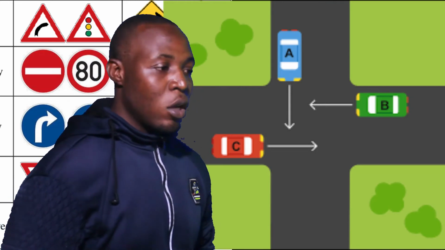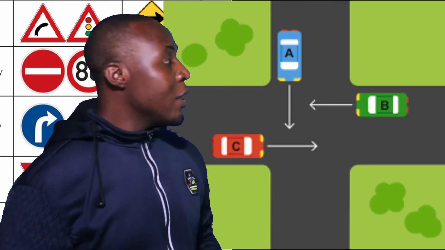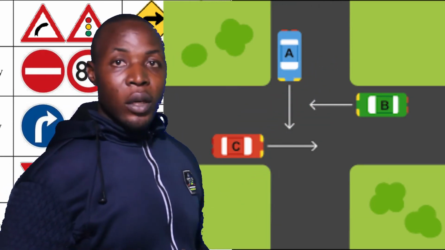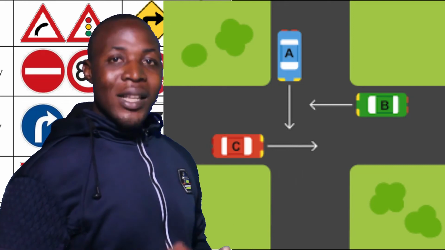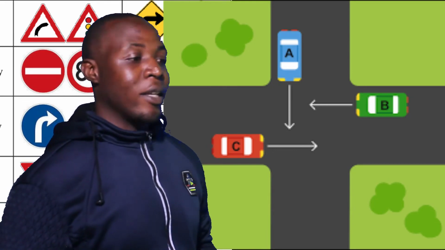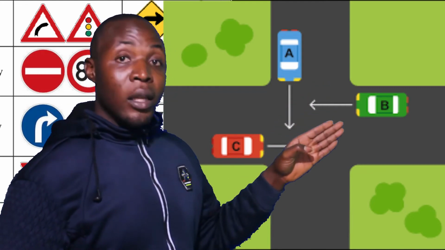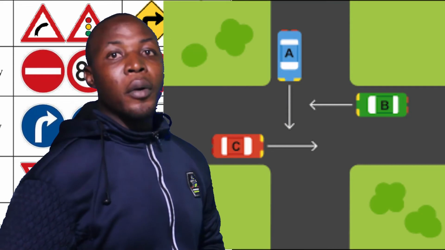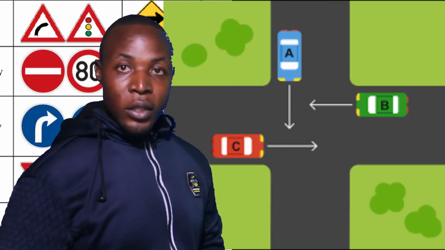On this intersection, all the vehicles are going straight, none of them is turning. Who must wait on the intersection? Since the blue vehicle is coming on the right of the red vehicle, the red vehicle has the right to pass first as far as this situation is concerned.